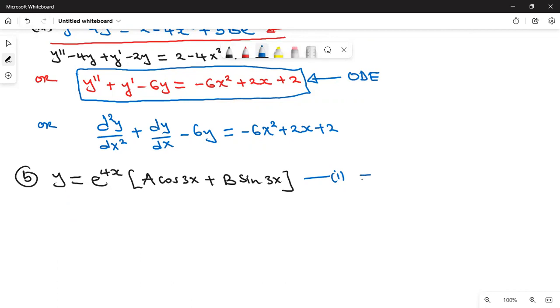This equation can as well be written as, if I multiply both sides by exponential negative 4x, I'll get this. Exponential negative 4x times y is equals to a cosine of 3x plus b sine of 3x. I want to make my work easier when differentiating.